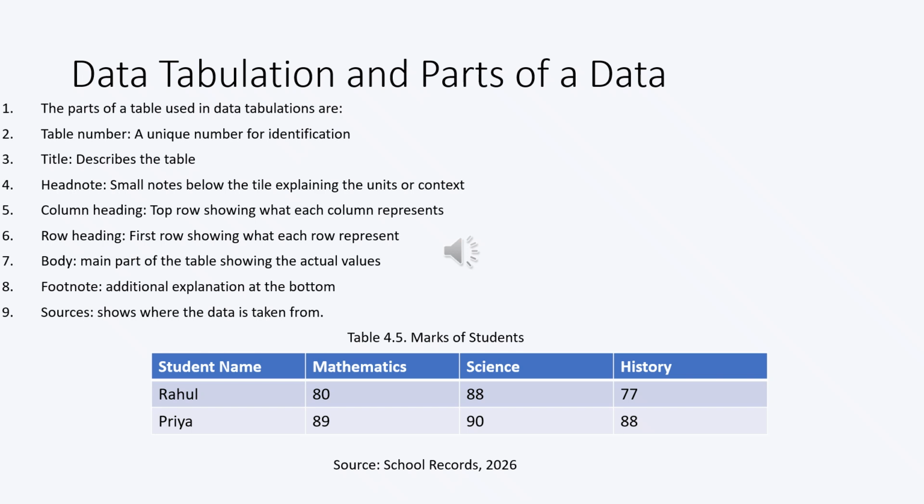The parts of a table used for data tabulation are: table number, a unique number for identification; title, which describes the table; head note, small notes below the title which explain the units or context; column heading, top row showing what each column represents; row heading, first column showing what each row represents; body, the main part of the table showing the actual values; footnote, additional explanation provided at the bottom; and source, which shows where the data collected is taken from.